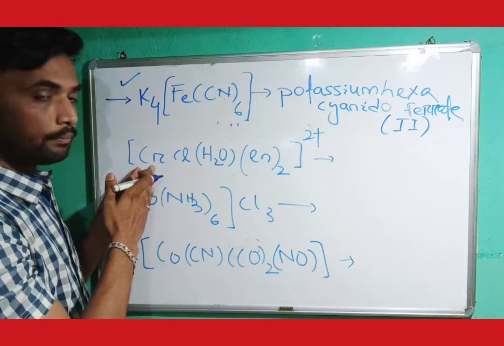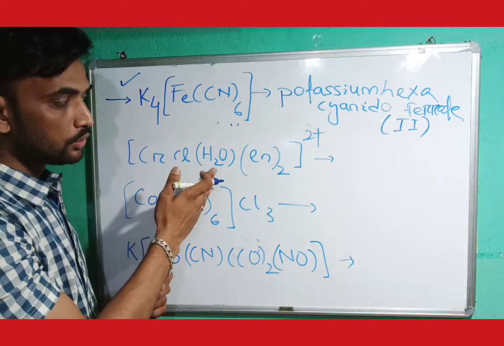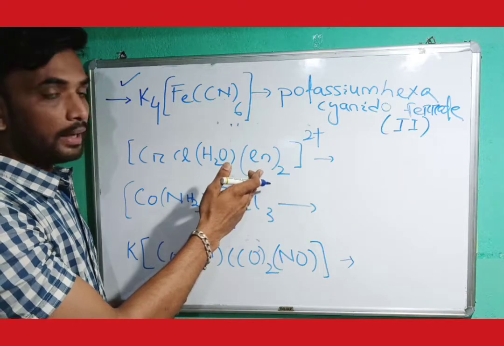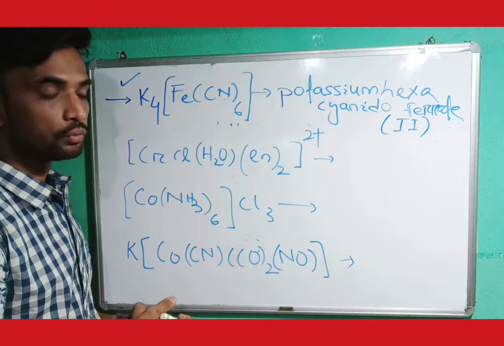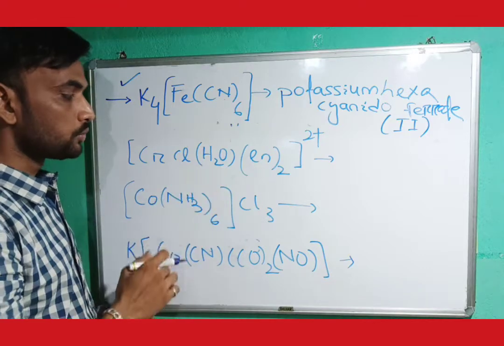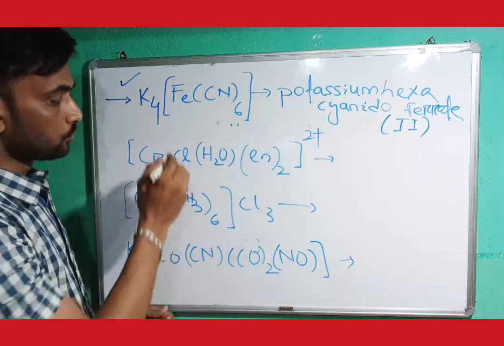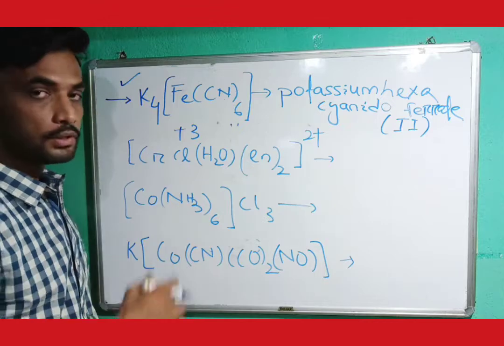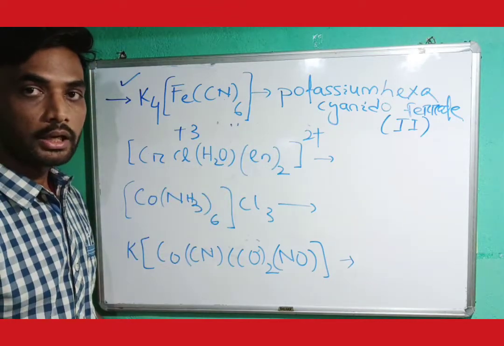Here chromium is taken as X, this is minus 1, this is 0, and this is ethylenediamine, a bidentate neutral ligand, so its charge is 0. So 2 into 0 plus 0, minus 1, plus X is equal to plus 2. So the charge on chromium is plus 3, which is written as (III) in brackets.